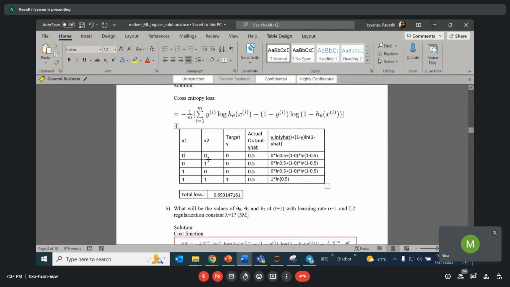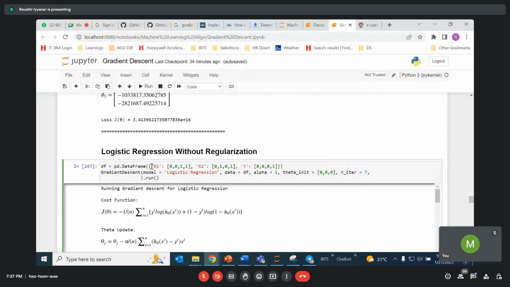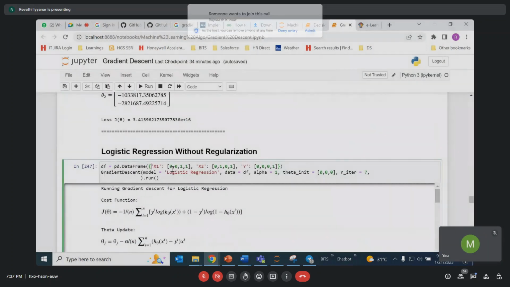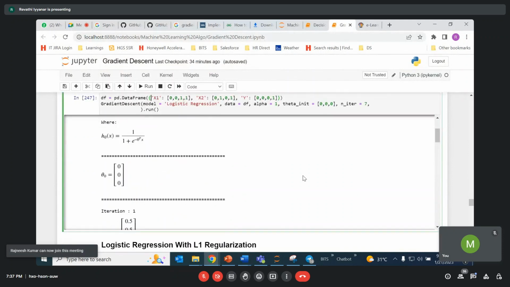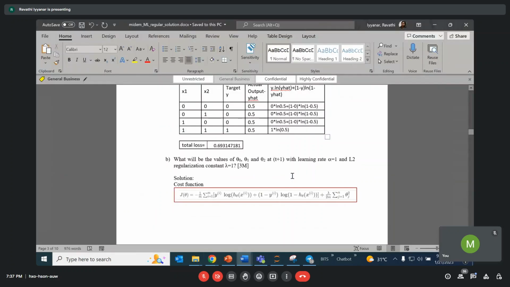You mean x naught? X naught is generally all ones. Yeah, I thought we'd just validate this output.